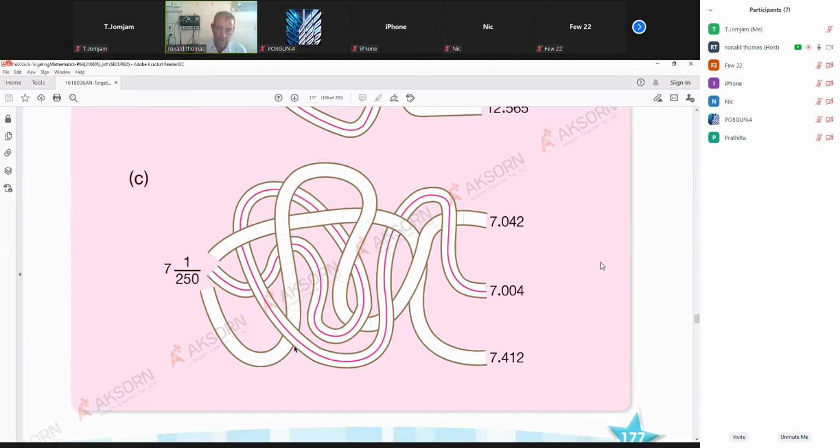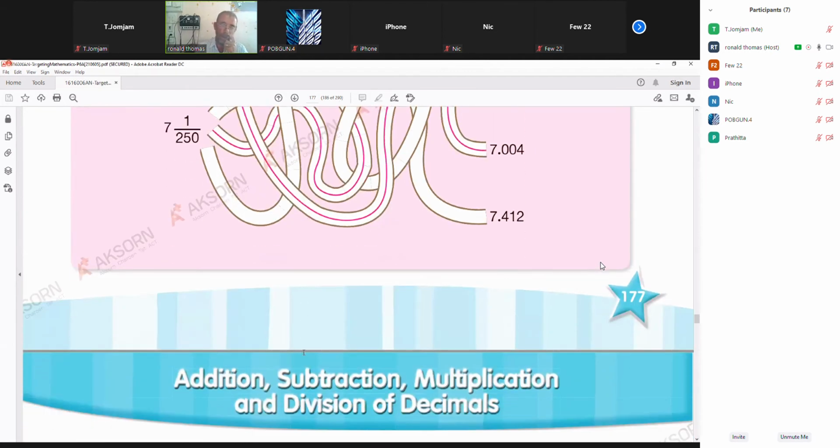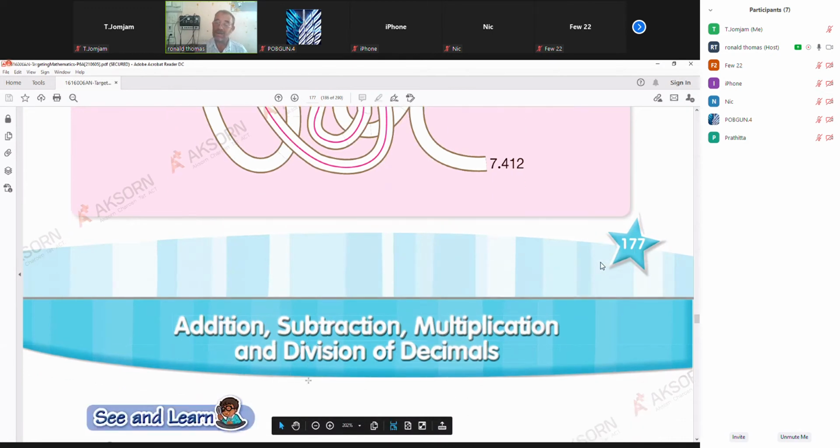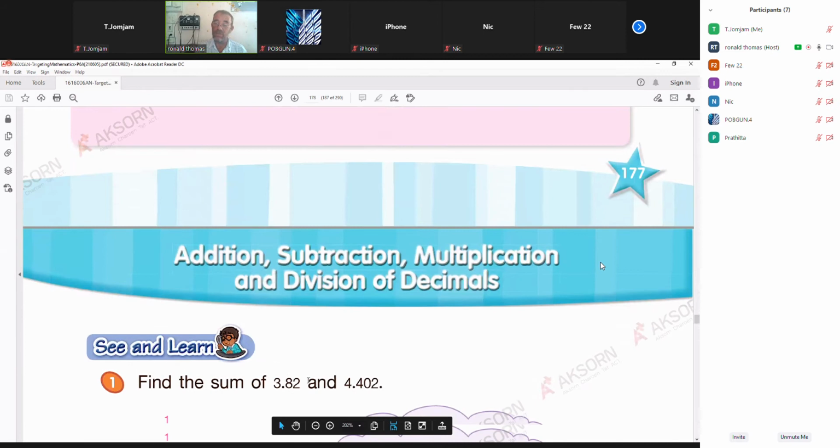Okay, please go to page 178 and read. Addition, subtraction, multiplication, and division of decimals. Well, the important thing to remember always is your decimal point.